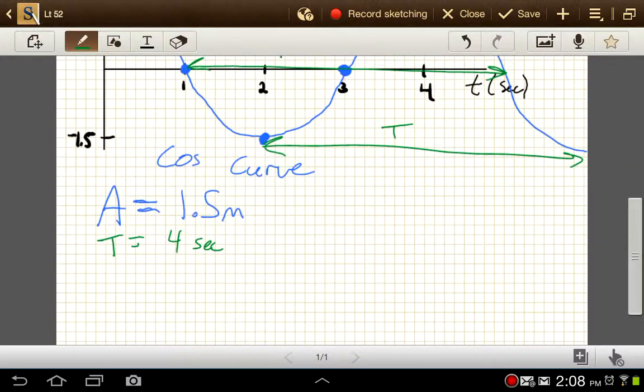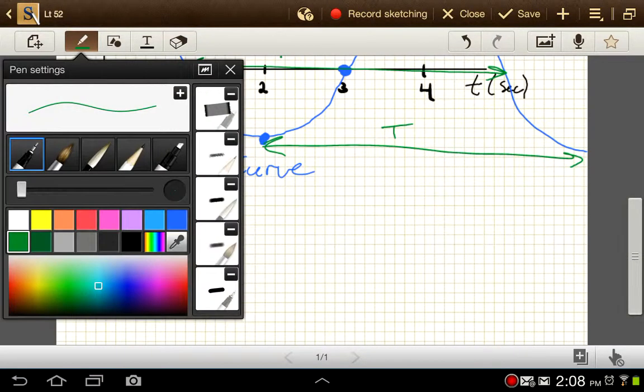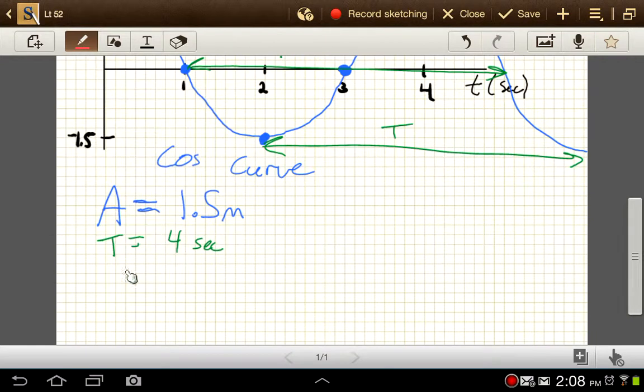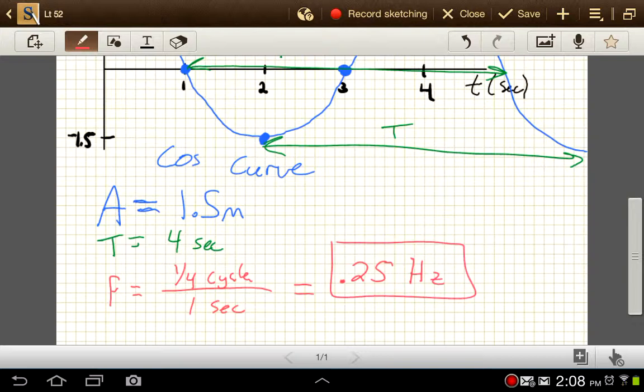So here, if the time is 4 seconds for one complete cycle, then our frequency is going to be equal to 1/4 of a cycle for every 1 second. Or the way that we would usually write that would be 0.25, just 1/4 divided by 1, 0.25, and instead of cycles per second, we'll use the unit hertz. But hertz just means per second, events per second.